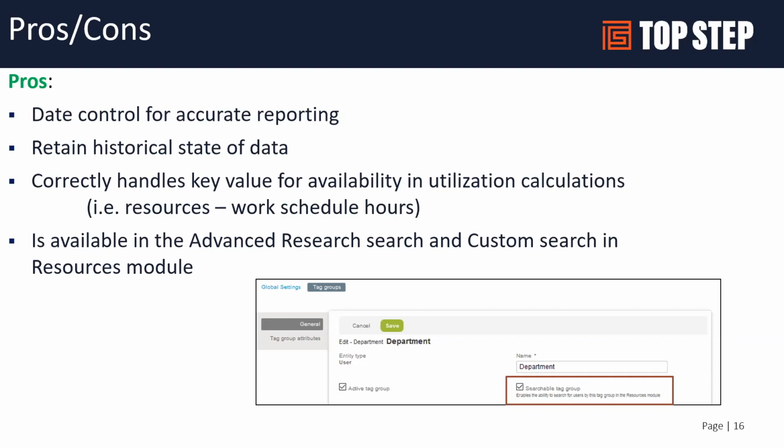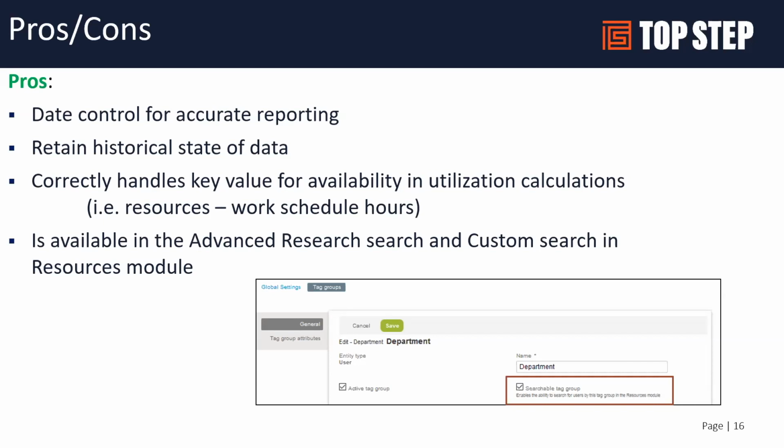We shouldn't have to carve out users manually. It's all about not having to do a bunch of rework in Excel once we get our data out of the system. And then just for housekeeping and timekeeping, you can retain your historical data state.